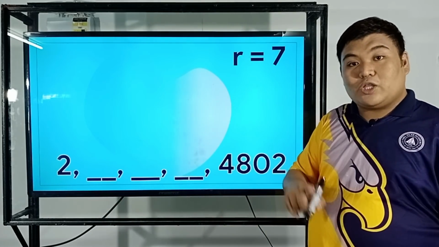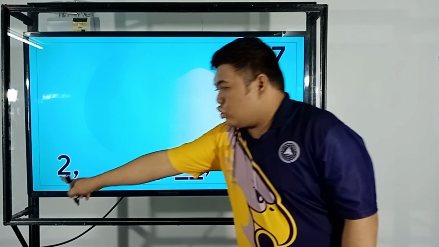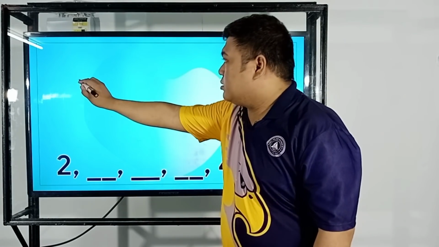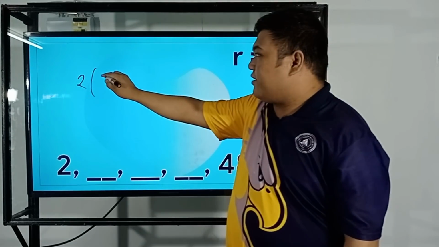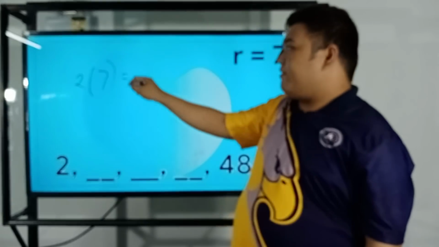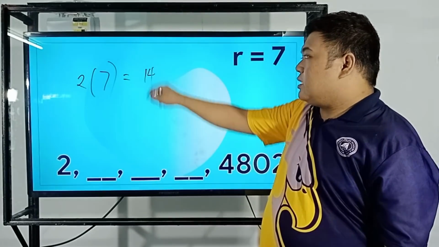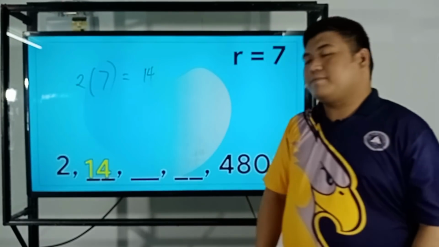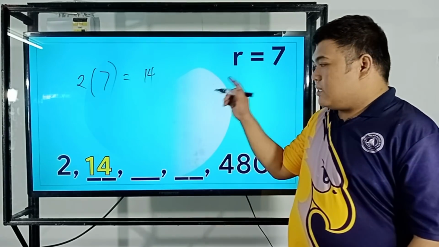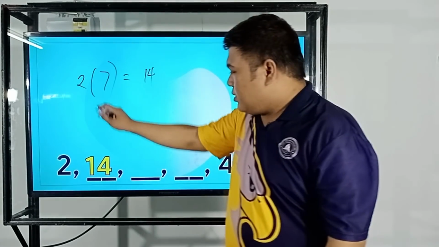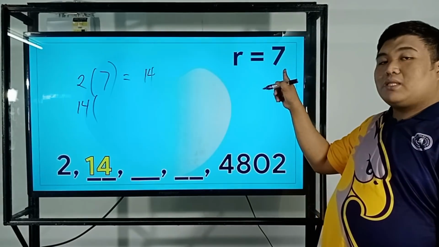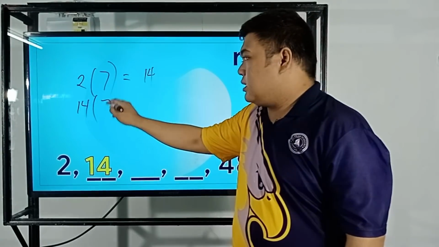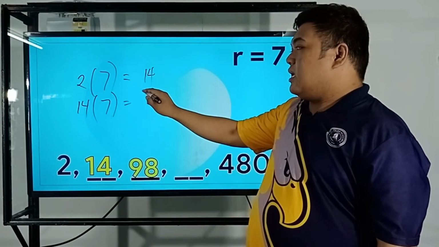Paano makukuha yung mga tatlong missing terms? Katulad doon sa unang lesson, multiply 2, the first term, times the common ratio na 7. 2 times 7 is 14. So, that is the second term. Next, para makuha yung third term, 14 times again the common ratio, and that is 7. 14 times 7 is 98.